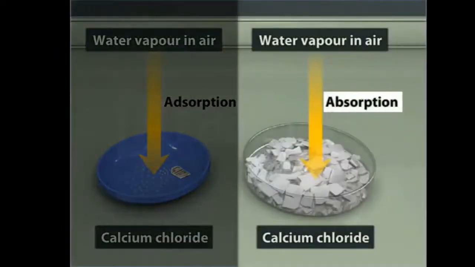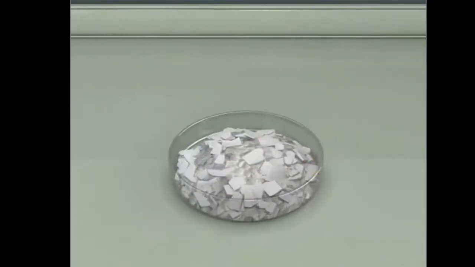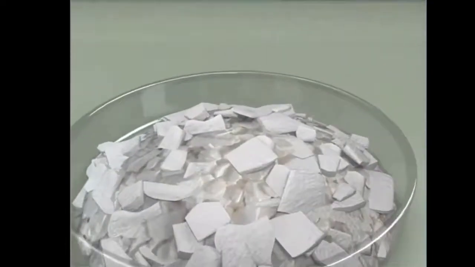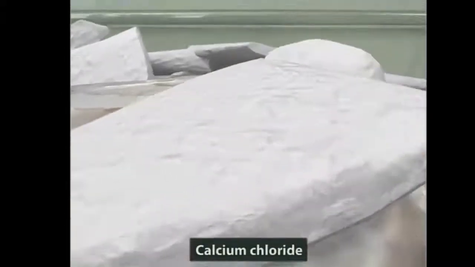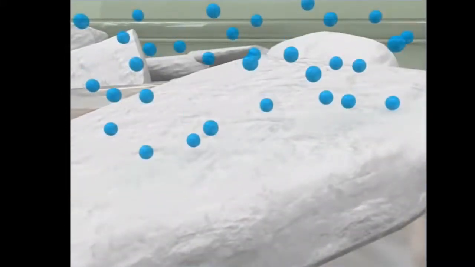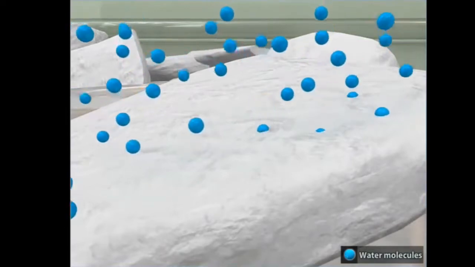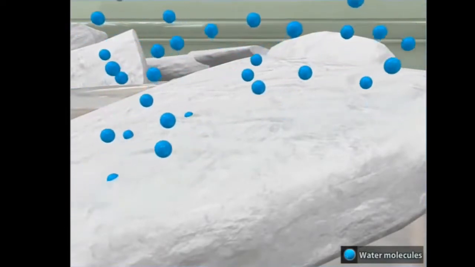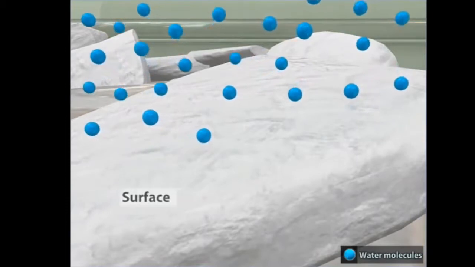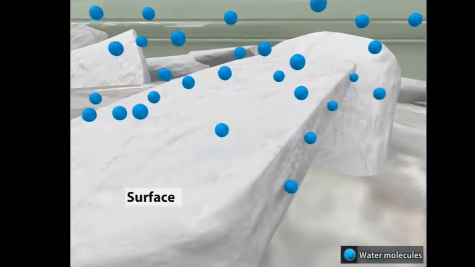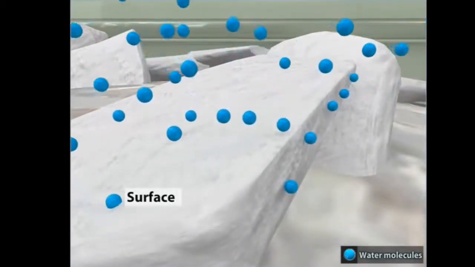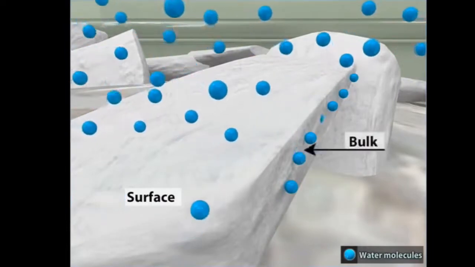In the case of absorption too, calcium chloride attracts and retains water molecules, but in this case, the molecules penetrate through its surface and get uniformly distributed throughout its bulk.